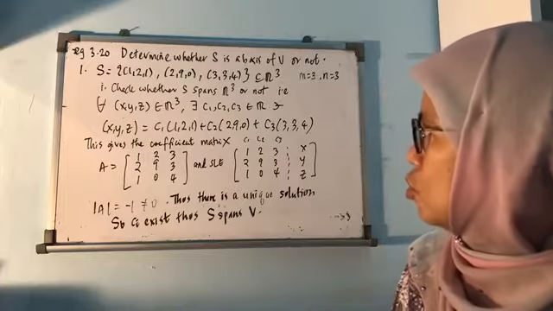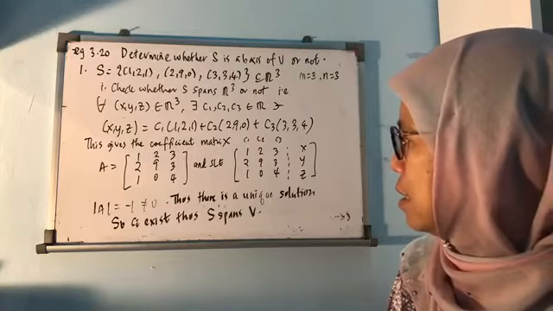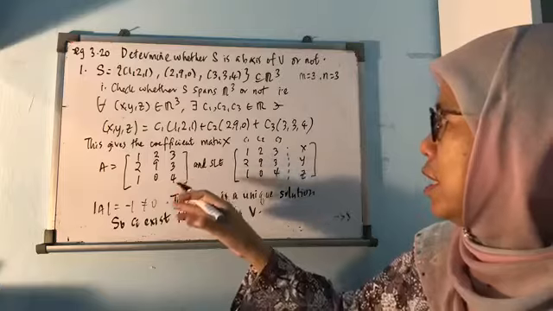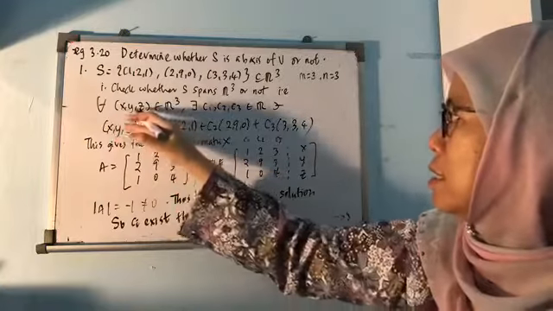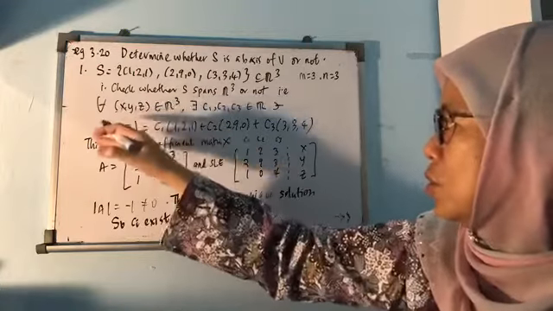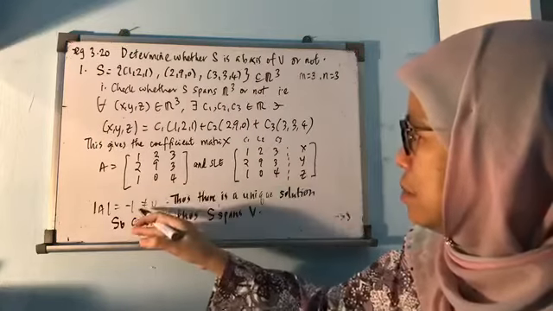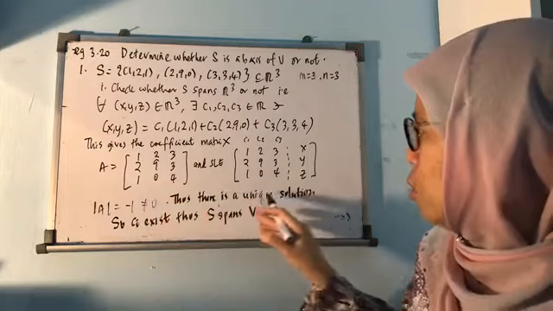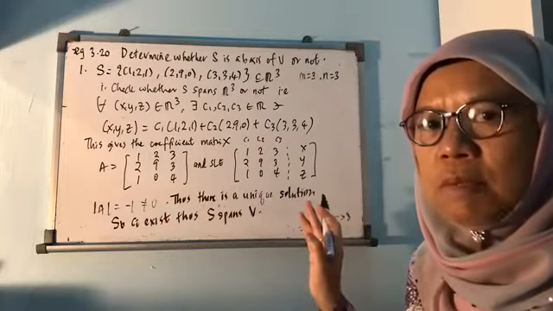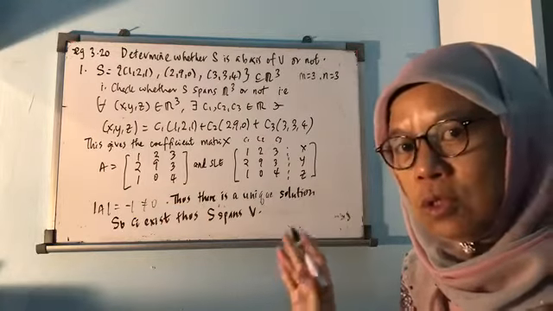Now how to show it's linearly independent? For linearly independent, you just replace x, y, z with 0, 0, 0. And since the determinant is not 0, there is a unique solution in the homogeneous system, meaning they are all equal to 0.